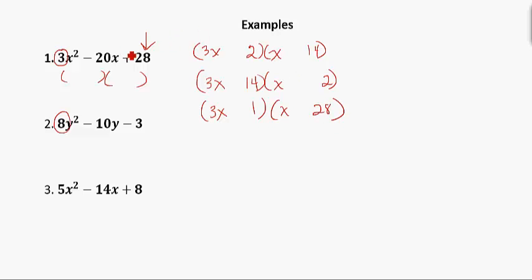And then we need two numbers that give us a positive 28, but when we add them up, we want them to give us a negative 20. So for two values to multiply to give you a positive number, you know their signs need to be the same. And if they're adding up to give you a negative 20, you know their signs are both going to be negative.